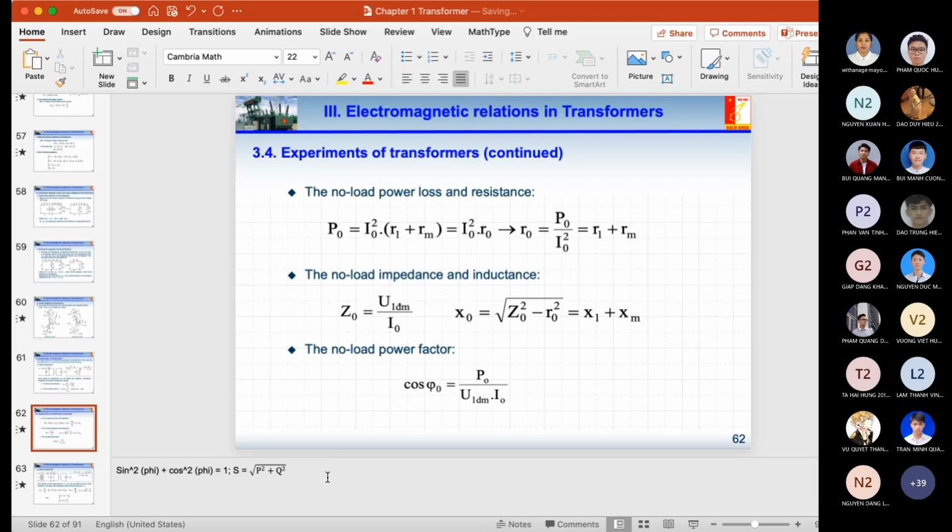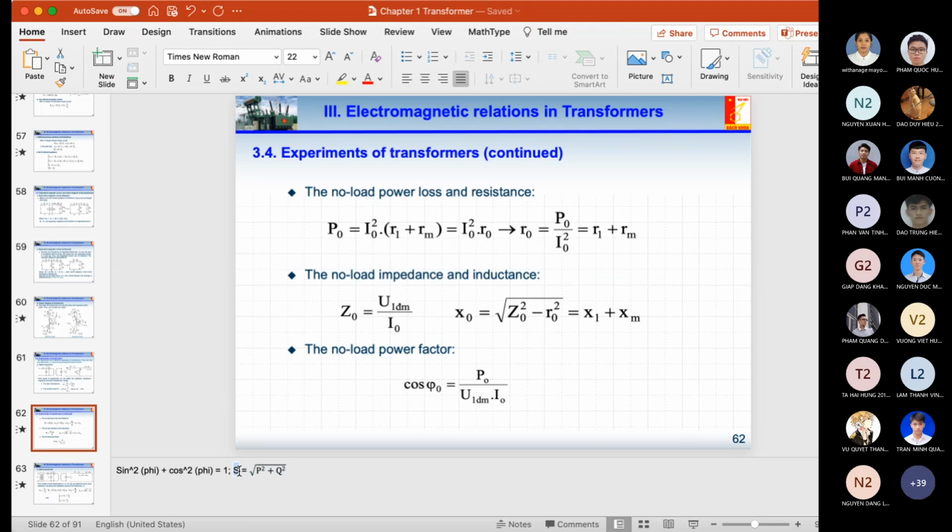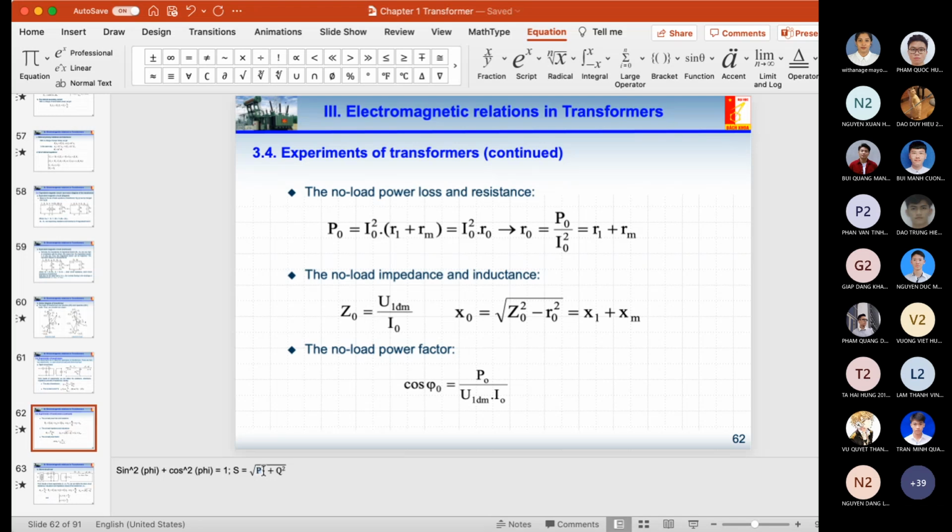So if the cos phi is low, it means that sin phi is higher, and for that, the transmission line only transfers reactive power without active power. Because at that time, in order to keep the apparent power S constant, when the active power is low, the reactive power must be higher.